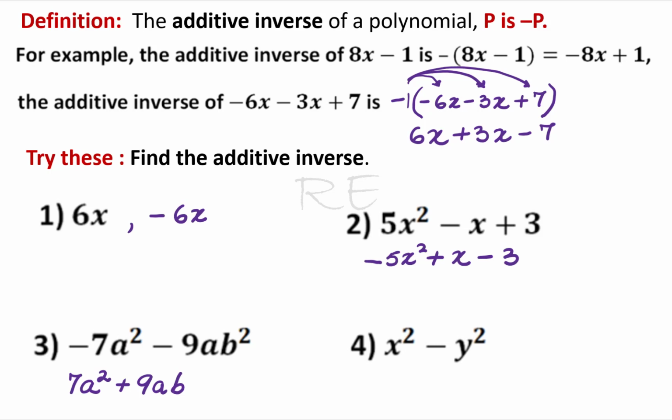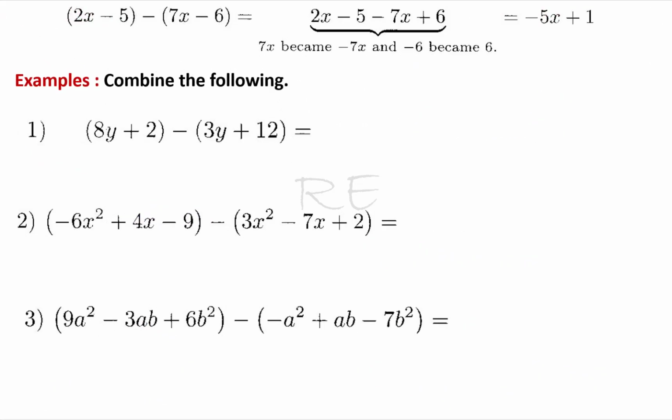The opposite of negative 7a squared minus 9ab squared is 7a squared plus 9ab squared. The additive inverse of x squared minus y squared is minus x squared plus y squared, or we can write it as y squared minus x squared.